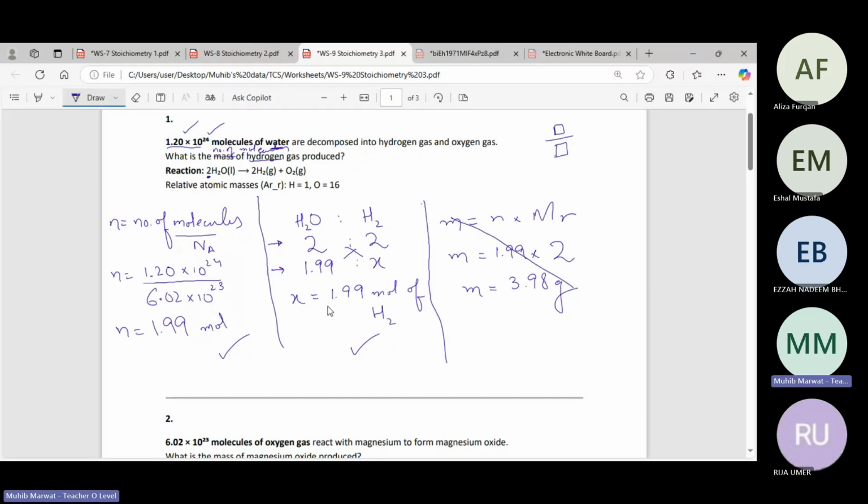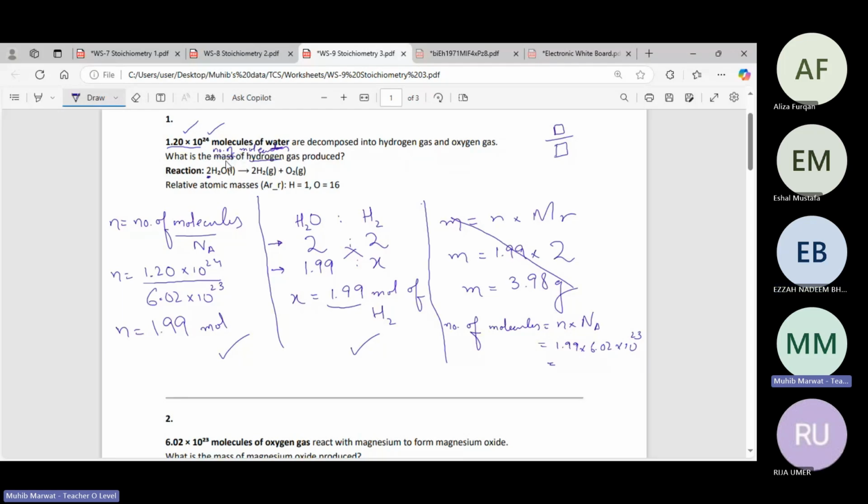You will have to convert this number of moles into molecules, because number of molecules has been asked, right? So number of molecules is not divide, multiply number of moles by Avogadro's number. So number of moles is 1.99 and our number is... is it clear now?